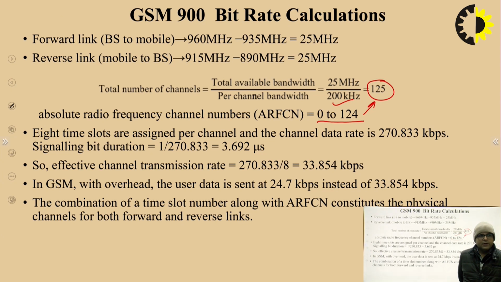So the effective channel transmission rate is 270.833 divided by 8, which is 33.854 kbps. In GSM, with overhead, the user data is sent at 24.7 kbps instead of 33.854 kbps.